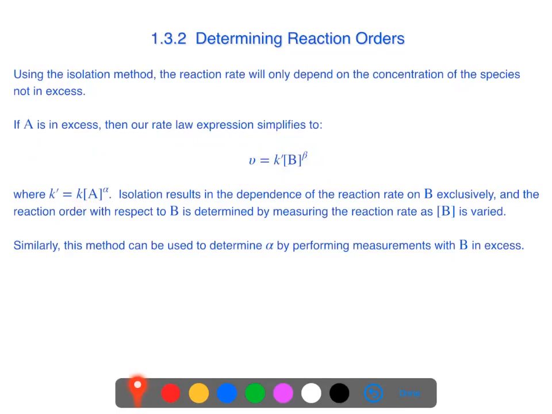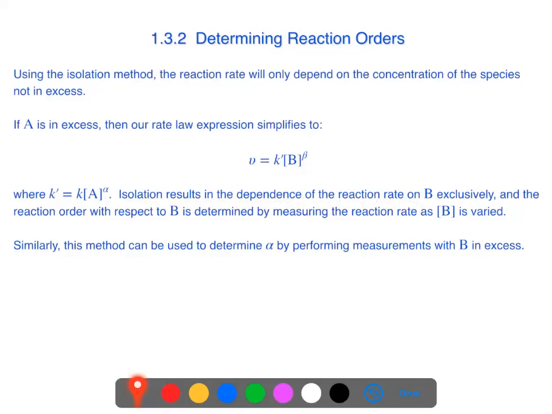Using this method, the isolation results in the dependence of the reaction rate on B exclusively, and the reaction order with respect to B is determined by measuring the reaction rate as we vary the concentration of B. Similarly, this method can be used to determine alpha by performing measurements with B in excess.